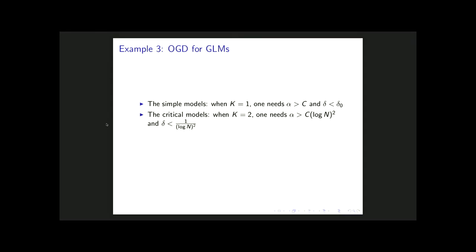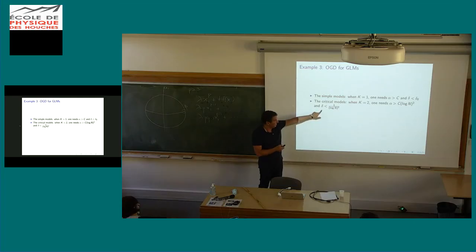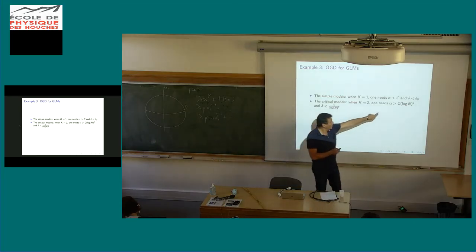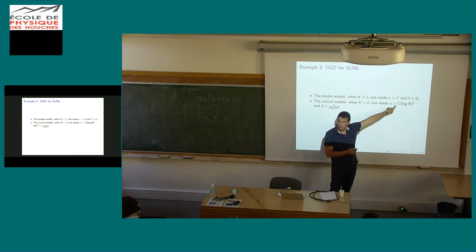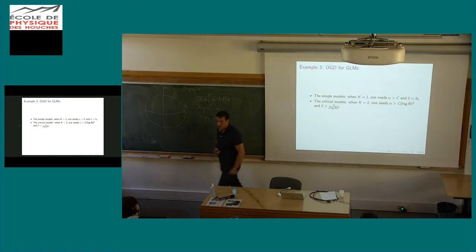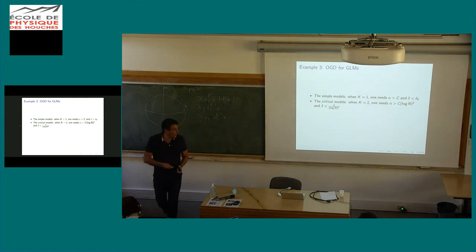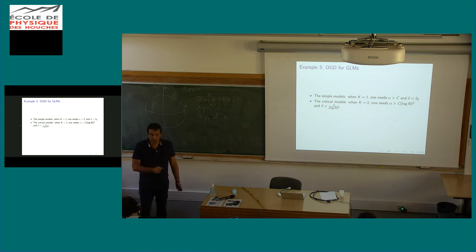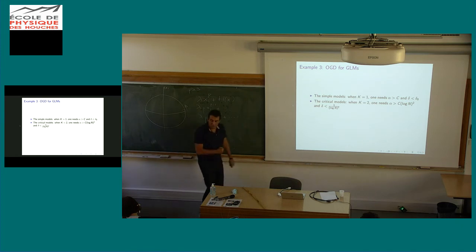Okay, the critical models, when k is 2, so when the linear term is absent, then suddenly you need more data. You need alpha to be log n squared. That's bad news, but that's still okay. It's log n. So if alpha is less than that, we have refutation. Of course, our constant is not necessarily the best, and we don't want to work on the best constant.